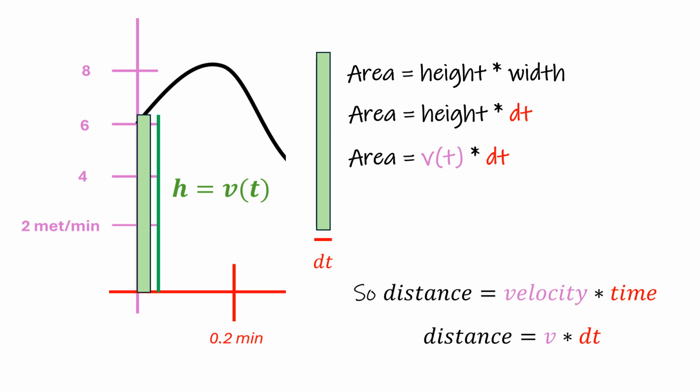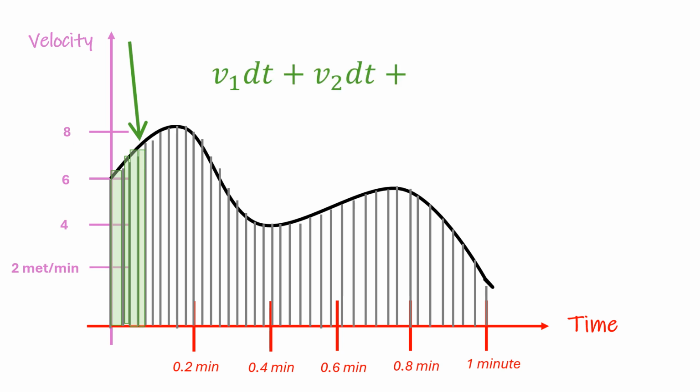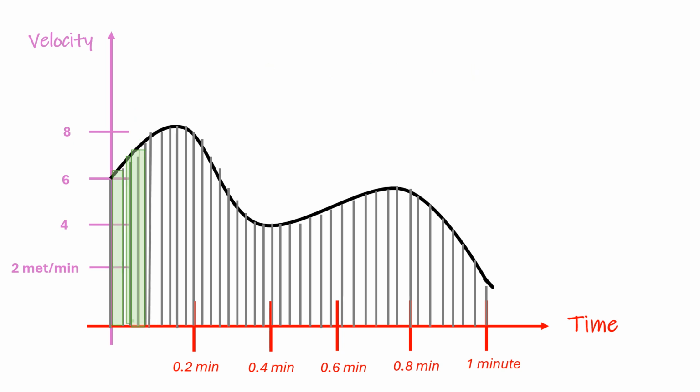But what is velocity times time? It's the distance traveled. So taking the area of each one, so when we're finding the distance on these tiny intervals, we are also just finding the area of each rectangle.